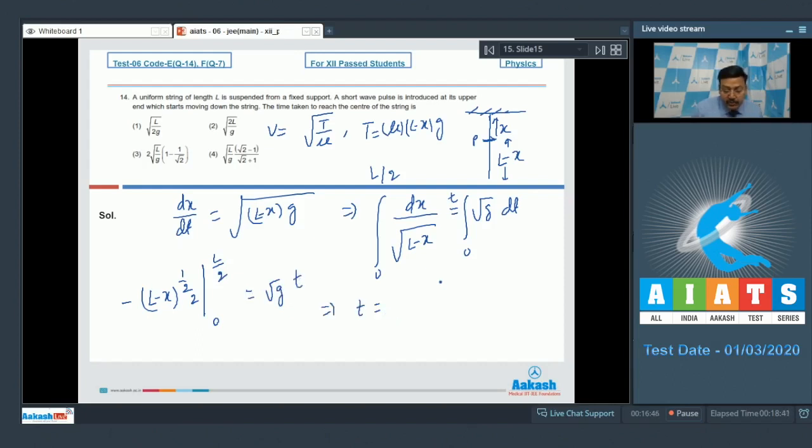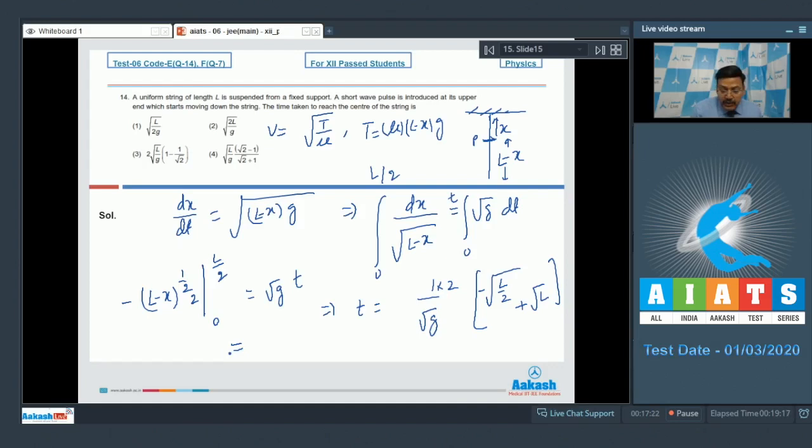We get t is equal to 1 by root g. There is a factor of 2 also in the numerator, and if we put x equal to L by 2, we get it as minus root L by 2, and the next term will be, when we put x equal to 0, root L. So let's simplify this still further.